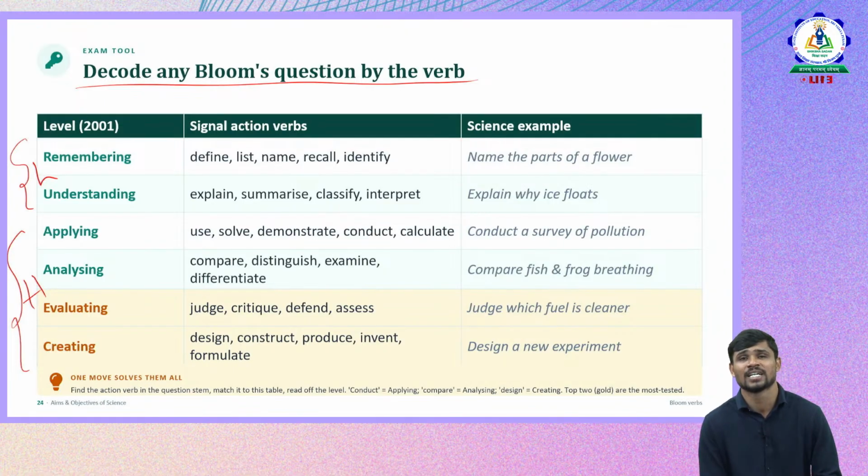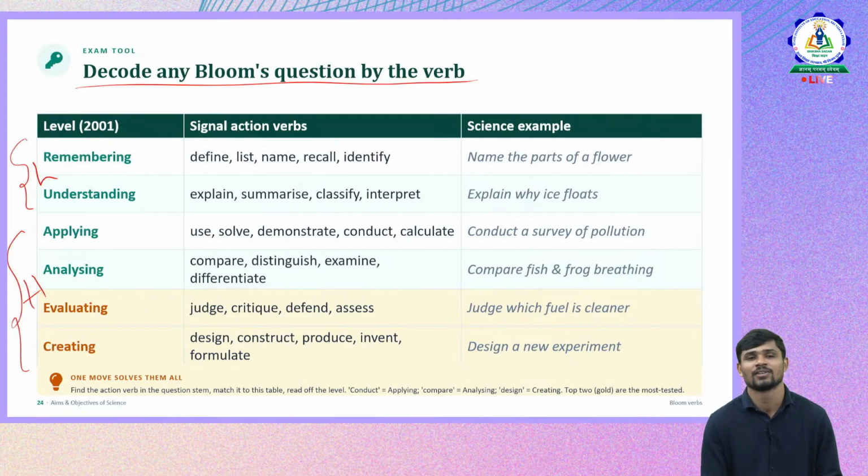Under understanding, the verbs will be like explain, summarize, classify, interpret. When will a student be able to explain or summarize or classify or interpret something about any topic? When they have a proper understanding of it. If they only remember simple statements and definitions, they won't be able to explain and summarize.